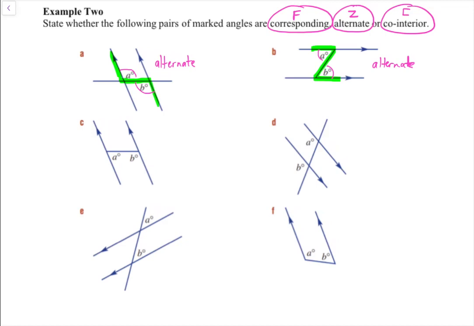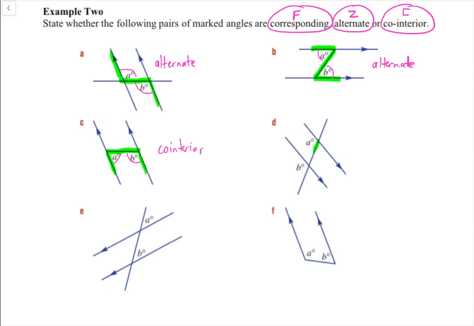For part C, I've got to make sure my shape includes the A or the B. So A and B, when I draw my shape in, are there and there. That's a C shape, which is co-interior. So those angles are not equal to each other. Those 2 angles plus together to give 180.